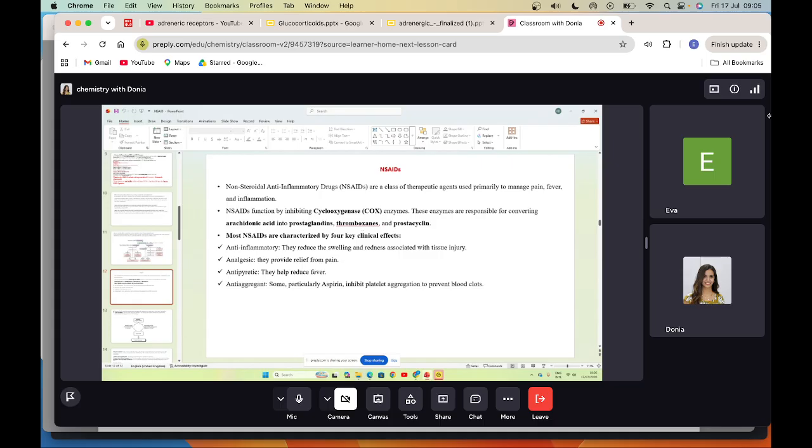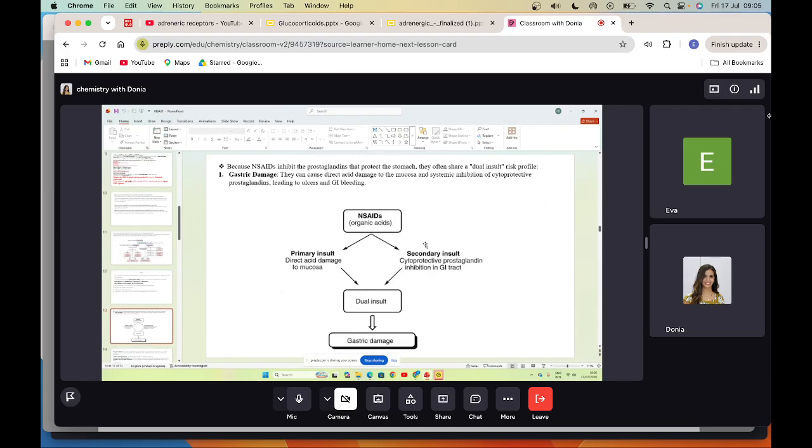And these prostaglandins are inflammatory mediators. So by this, the non-steroidal anti-inflammatory drugs will act as anti-inflammatory and also antipyretic and analgesic. Let's move to the classes. Do you need me to repeat this?